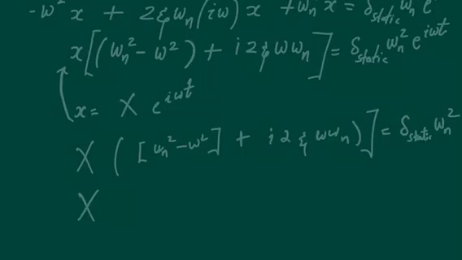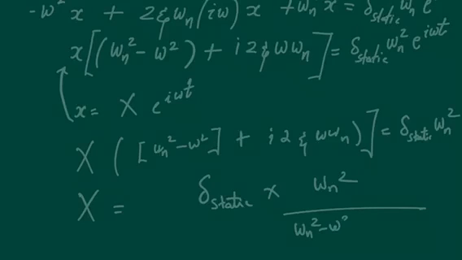Where X was the amplitude of my response. Now X will be delta static times omega n square divided by (omega n square minus omega square plus i 2 zeta omega omega n). Make sense?